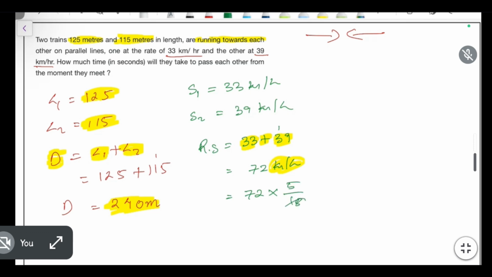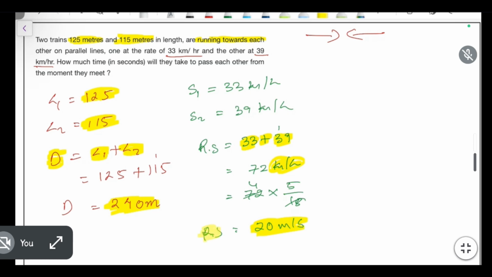So 18 into 4, which means 4 fives are 20 meter per second. After solving maybe 10 or 20 questions, just by looking at the question, if it is 72 kilometer per hour, you can directly say this is 20 meter per second. I think that's more than enough practice.